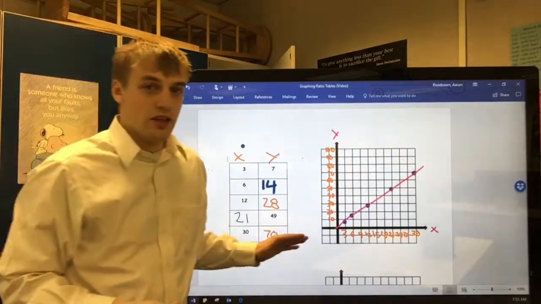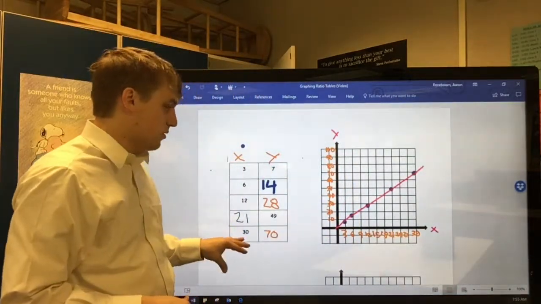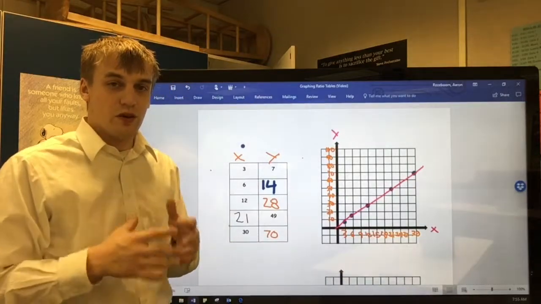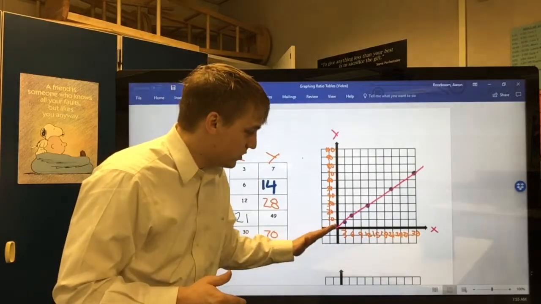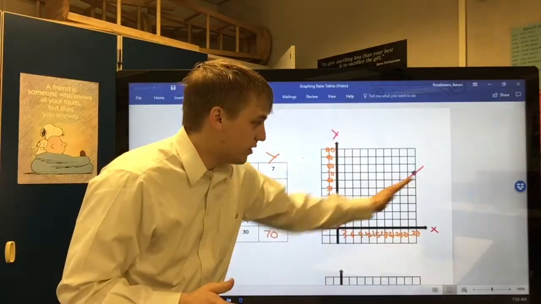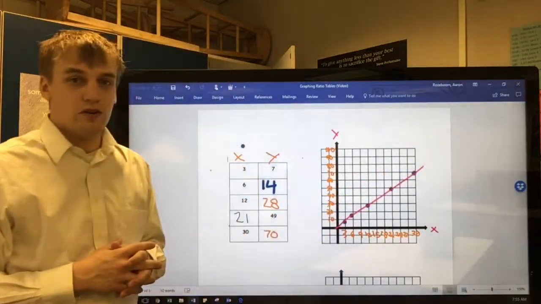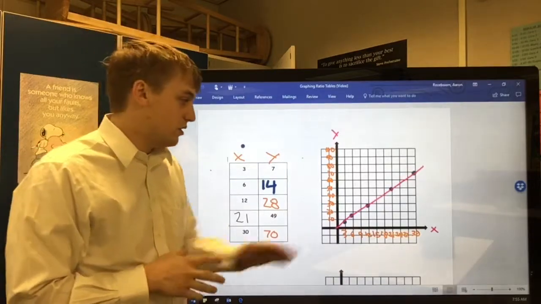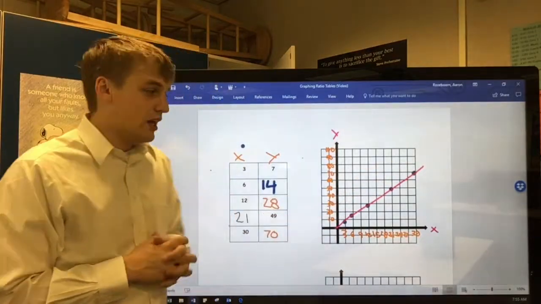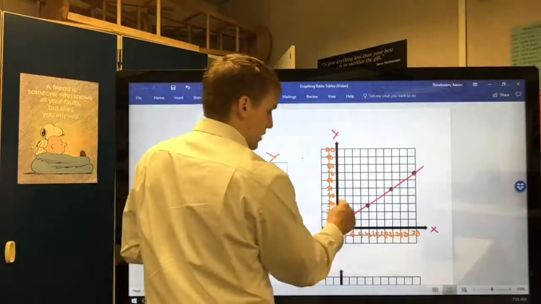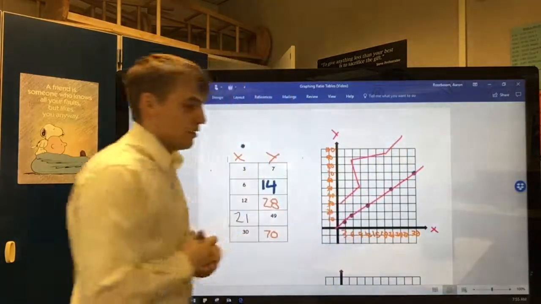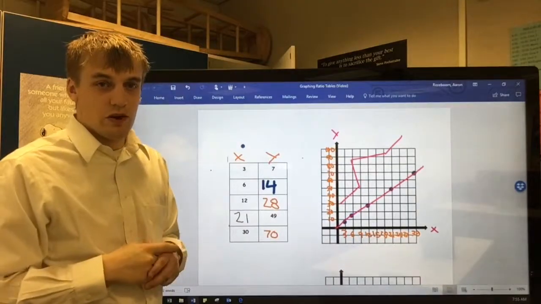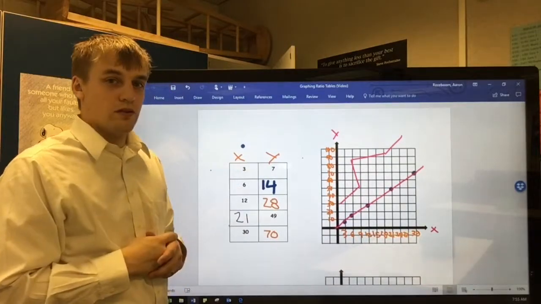And then when you graph the ratio table, since they're equivalent ratios, your line should go in a straight line from the bottom left-hand corner to the top right-hand corner. So this is a good line because it's straight. If you would ever see a line that went like this, you would know that something was wrong with your ratio table.